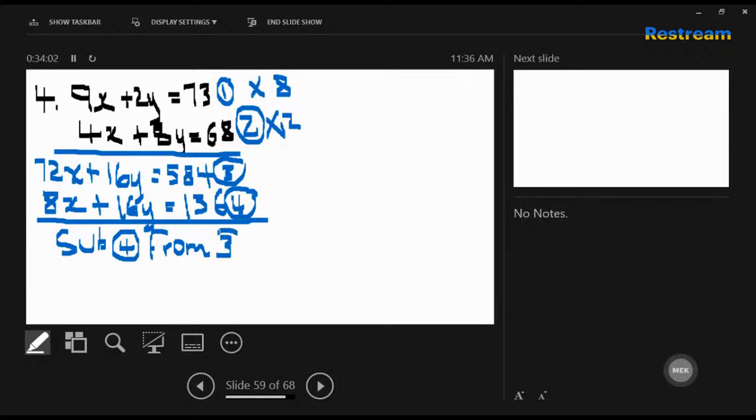So we're taking the bottom numbers from the top numbers. And when we do that, it's going to be 72 minus 8, which is 64. And then we know the 16y minus 16y is going to be eliminated.